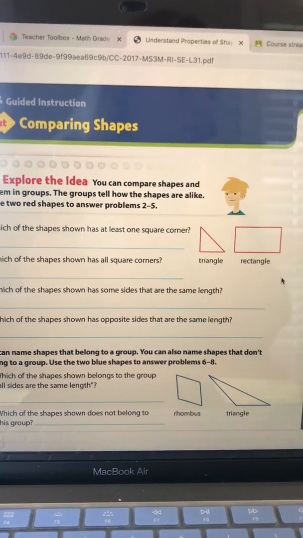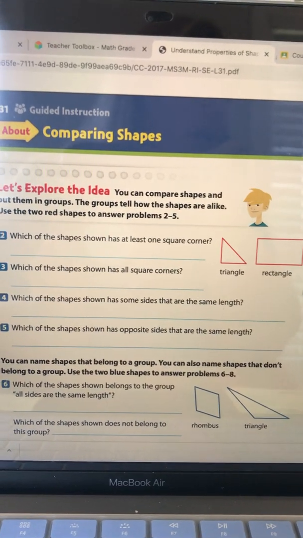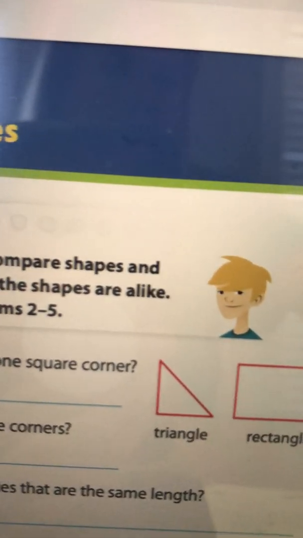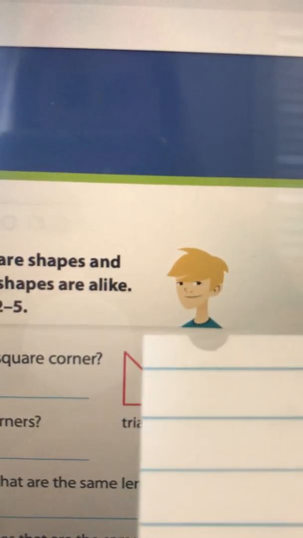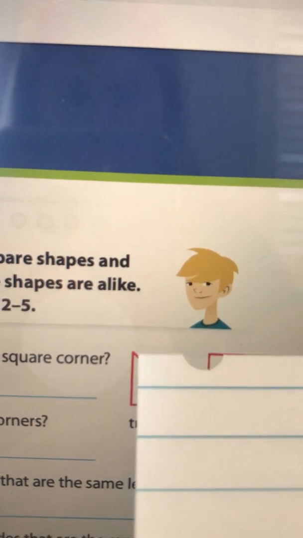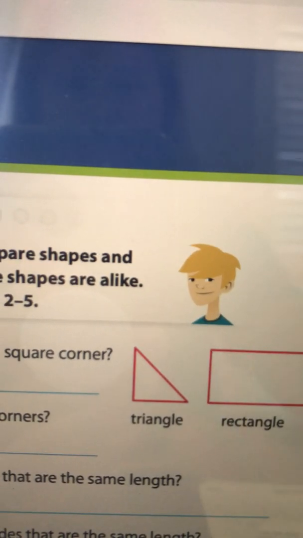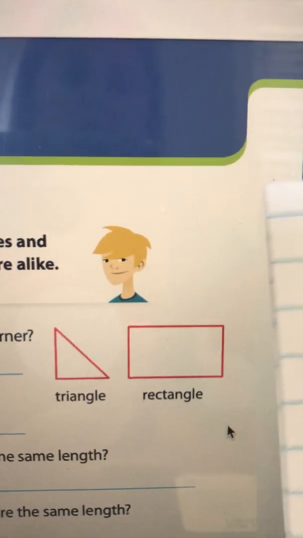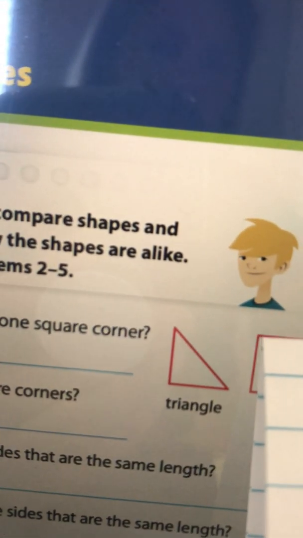Number 3, which of the shapes shown has all square corners? Well, let's go back to this triangle. We know it has one square corner. What about this other angle? Is that a square corner? No, it's not. So the triangle does not have all square corners. But let's look at the rectangle.